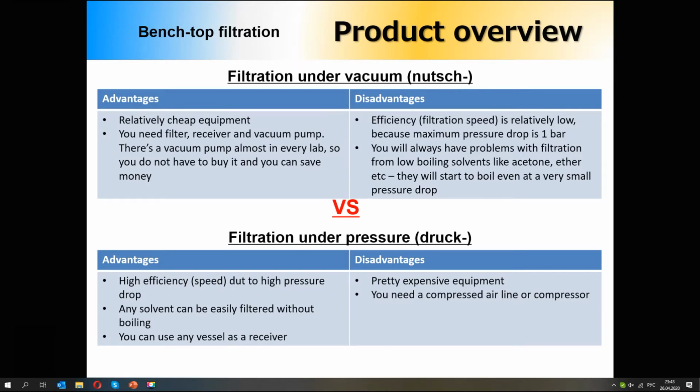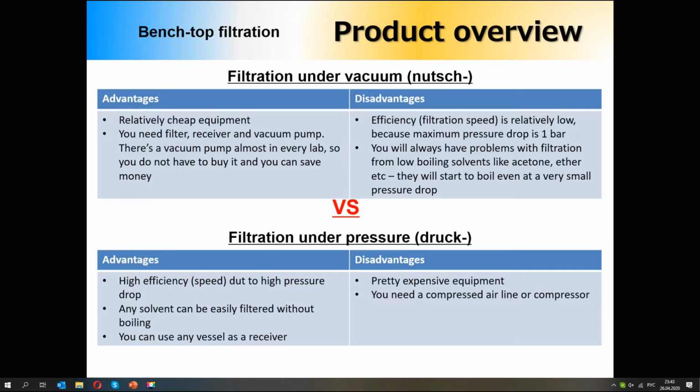Anyway, at the end of the day, it's filtration under vacuum. Another advantage is that you need just a filter, a receiver, and the vacuum pump. The vacuum pump can be found almost in every lab, so you don't need to buy one, and you can save some money. And as I told you, you can do the filtration even in simple equipment like a filtration funnel and a receiving flask.